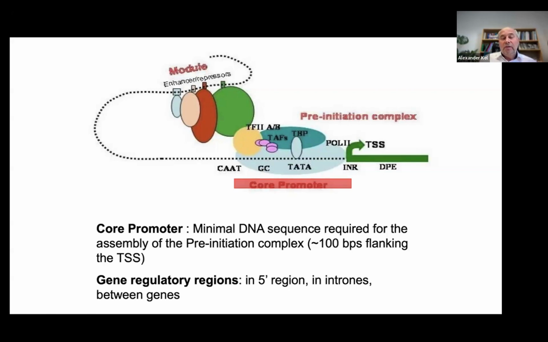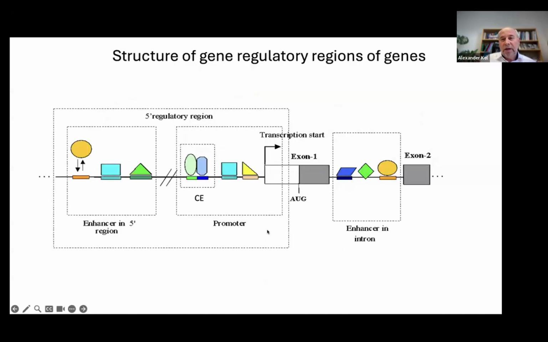Later on, it was clear that there are a lot of other proteins involved in regulating gene expression. We are not talking about some kind of boxes. We are talking about positions in the genome which are sites for binding of specific proteins called transcription factors. So nowadays, the idea of gene regulatory regions is much broader.